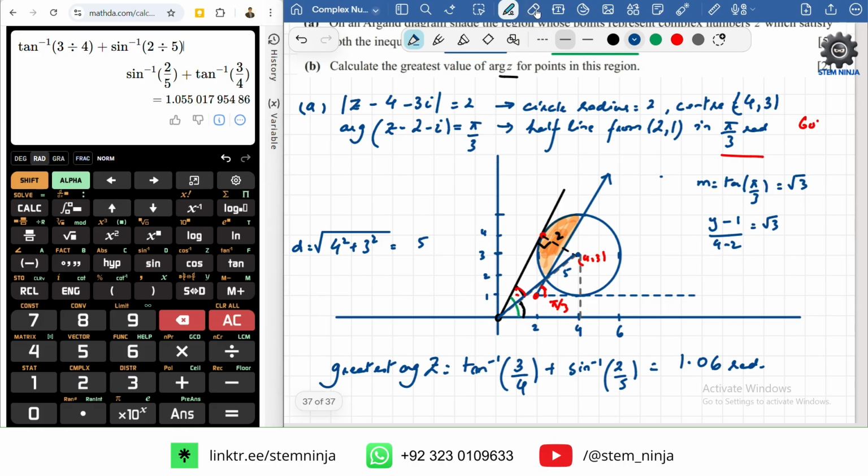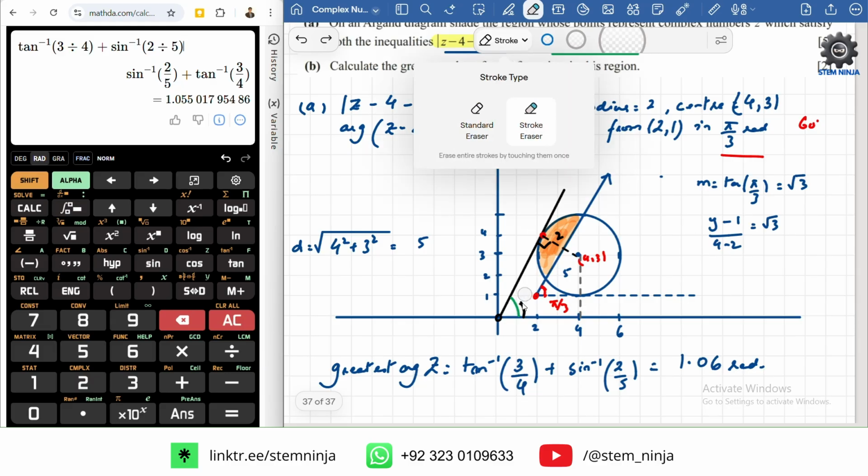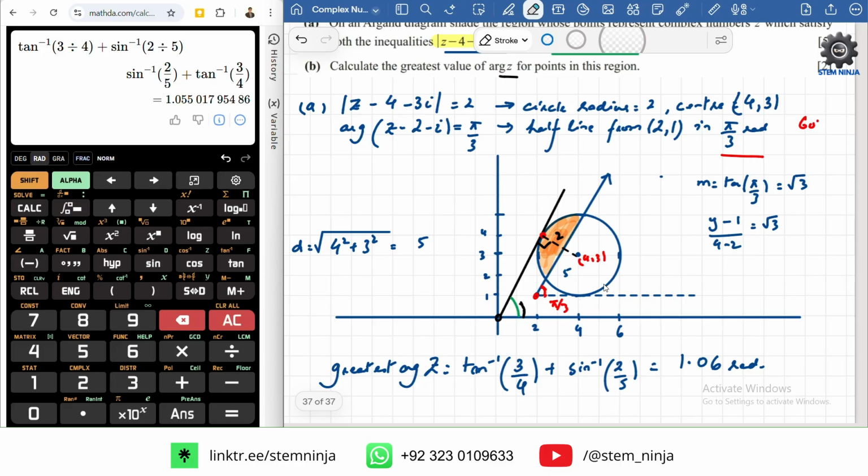Alright, so since this wasn't exactly part of part A, we have to erase these things. I'll use the stroke eraser, right? This is gone, this is gone. Never mind. Okay, so even if that remains, that is fine. So this is your 4, 3.